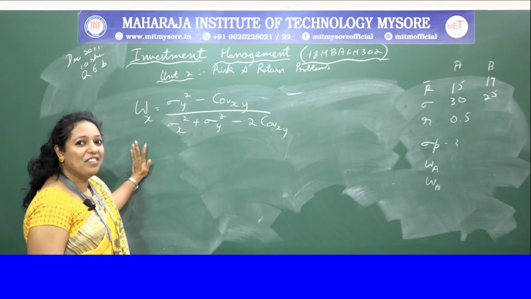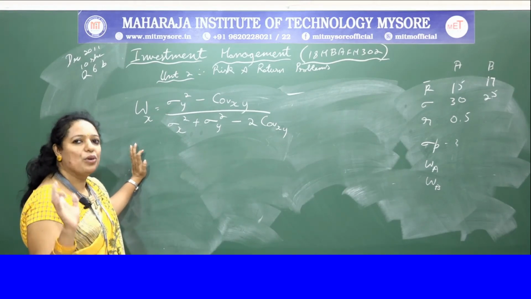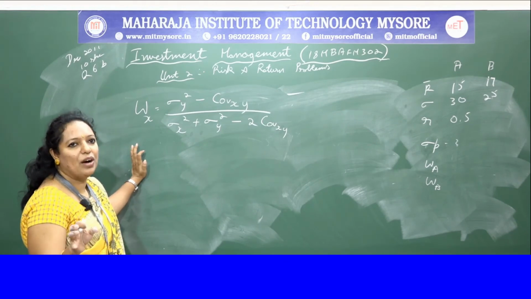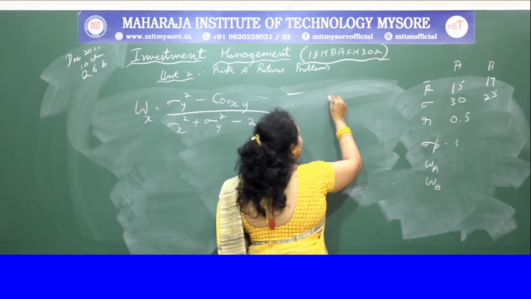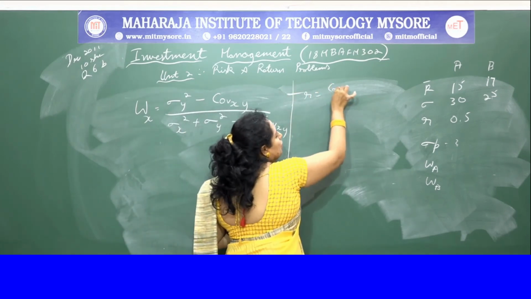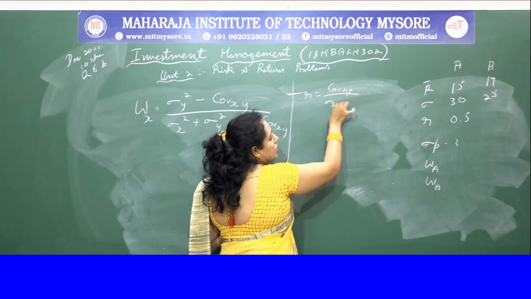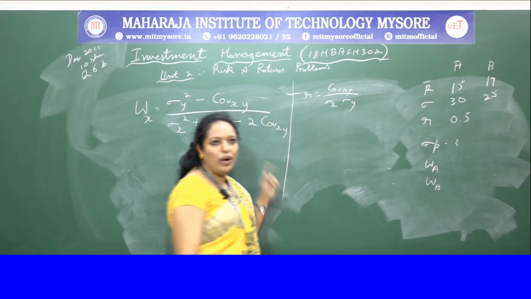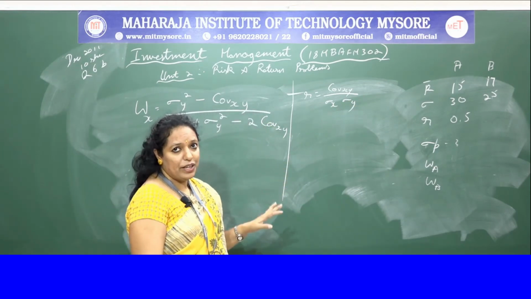Now you might be thinking, where is covariance? Covariance is not given, so it has to be found out using the previous formula. R is equal to covariance XY divided by standard deviation X and standard deviation Y. Using this formula, you have to find out covariance.